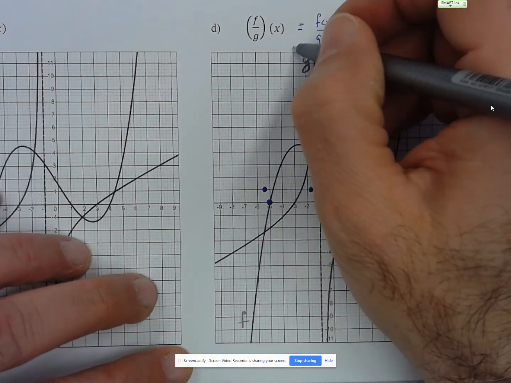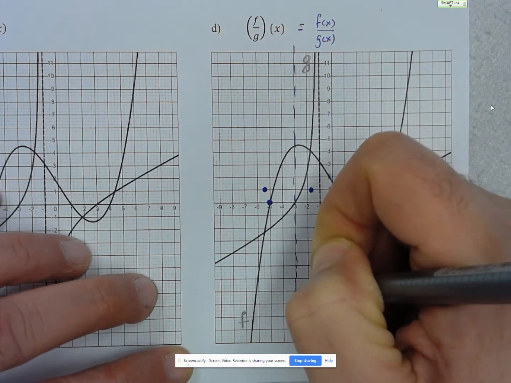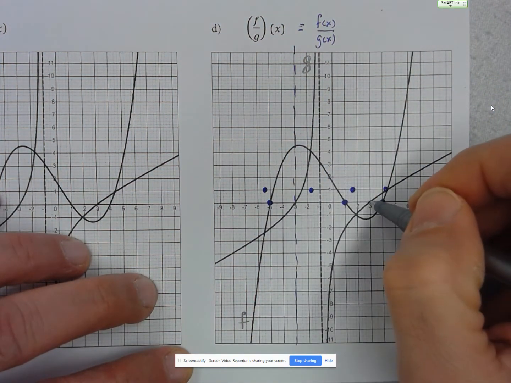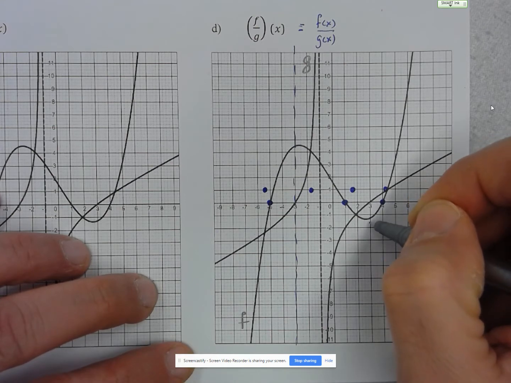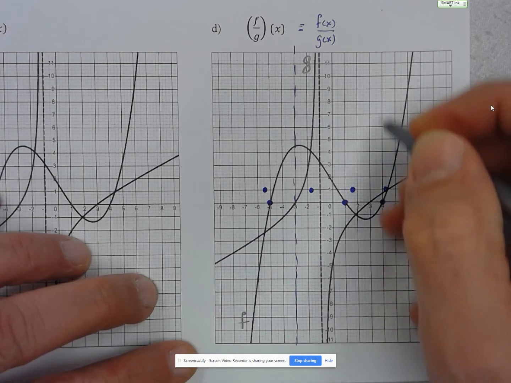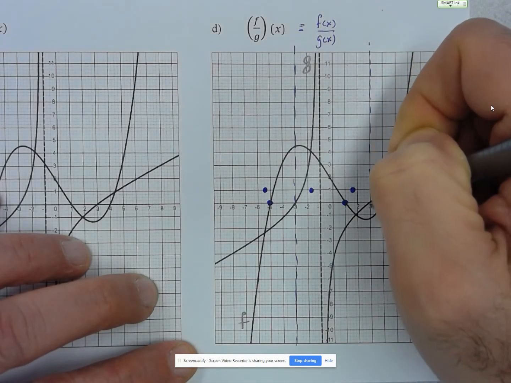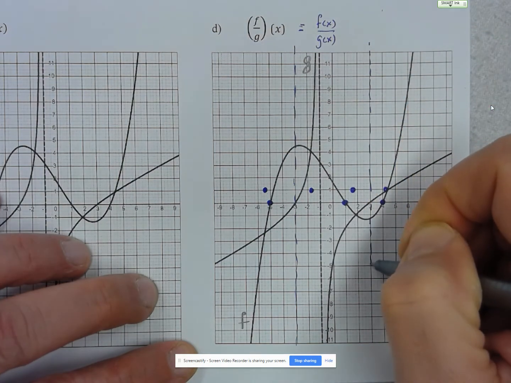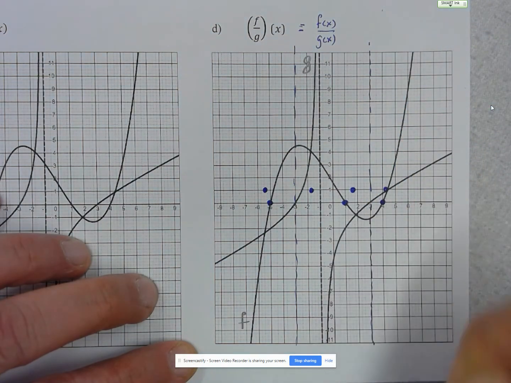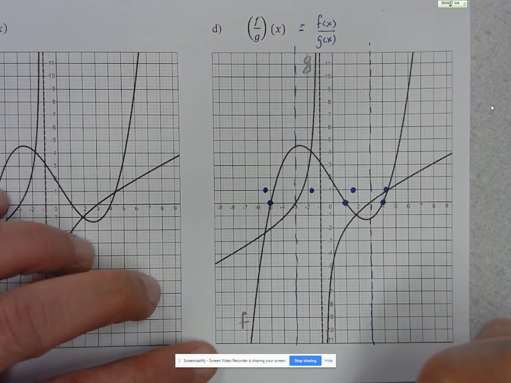So that means that I'm going to have a vertical asymptote at -3. Okay, and similarly here at +3, again, I have some number not equal to 0 divided by something that is approaching 0. So I'm also going to have a vertical asymptote at x equals +3. Okay, so here are my asymptotes.